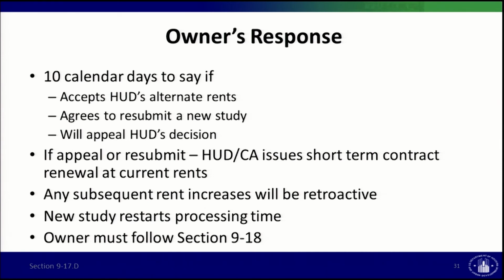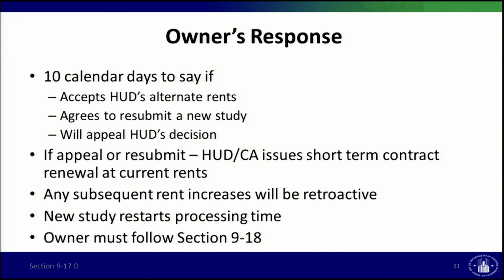The owner can accept HUD's alternative rents, agree to resubmit a new study, or inform HUD or the contract administrator that it will appeal HUD's decision. If there's an appeal or a resubmittal, HUD or the contract administrator can issue a short-term contract renewal at current rents.